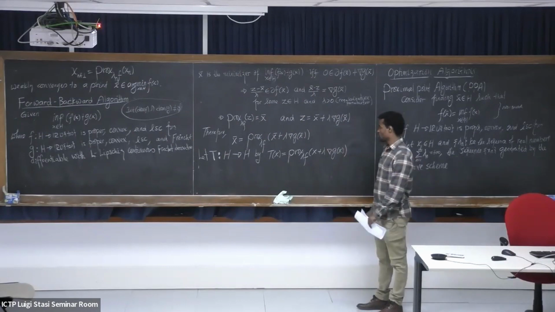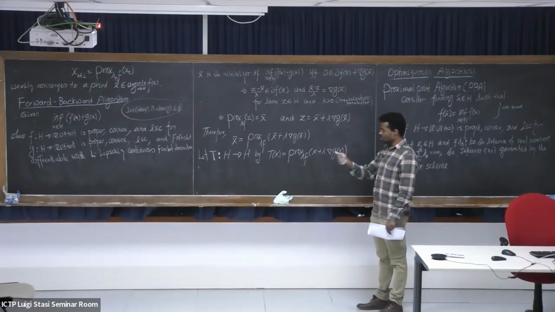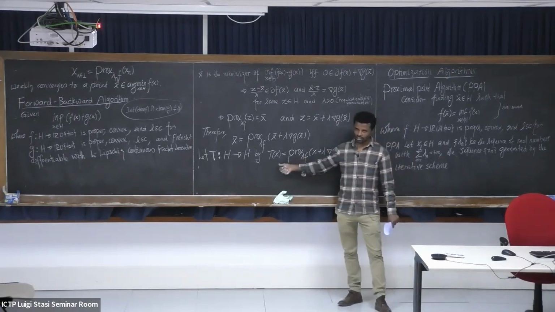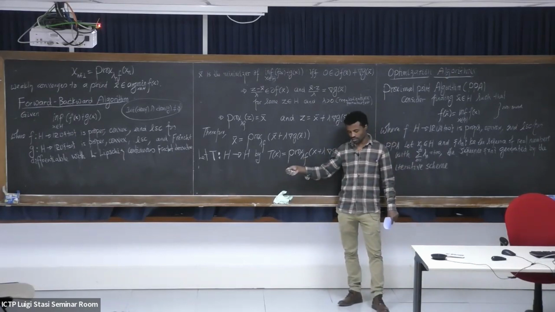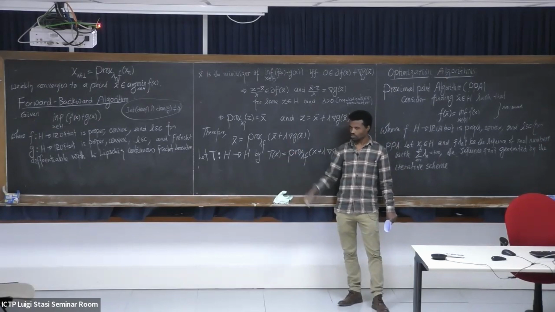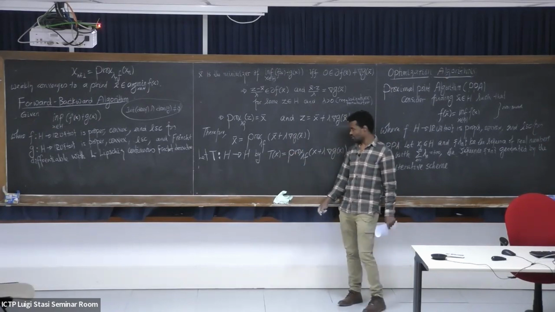Let's have this. So finding the solution of that optimization is just a problem of finding the fixed point of this. It is among the fixed points. If among the fixed points, it will be its solution, right?